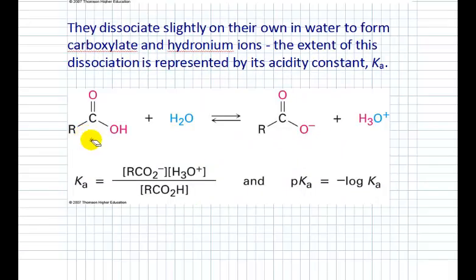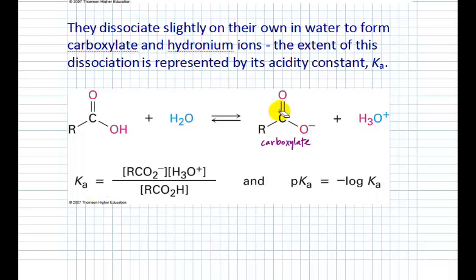If I have a carboxylic acid that's just on its own in water, it will actually dissociate on its own slightly, to a small extent. It's not a strong acid, so it's not mostly dissociated on its own. It dissociates a small amount on its own, forming a carboxylate ion with hydronium, and the extent of this dissociation is represented by Ka, the acidity constant.